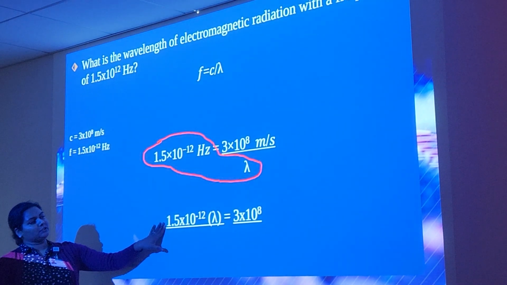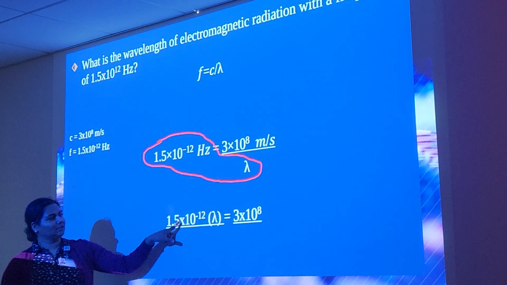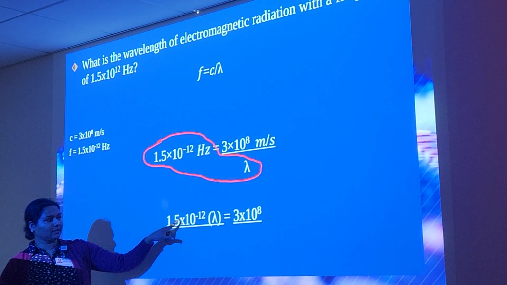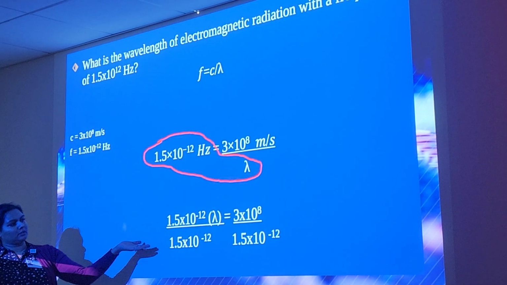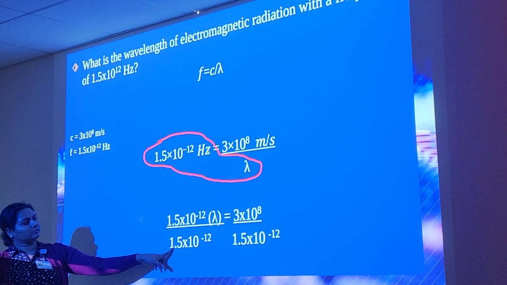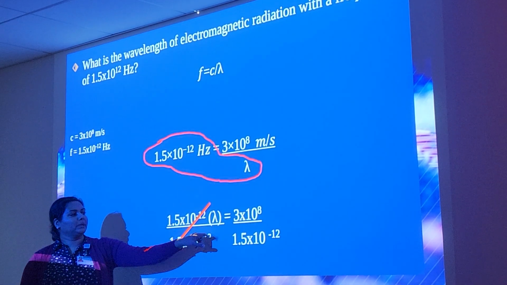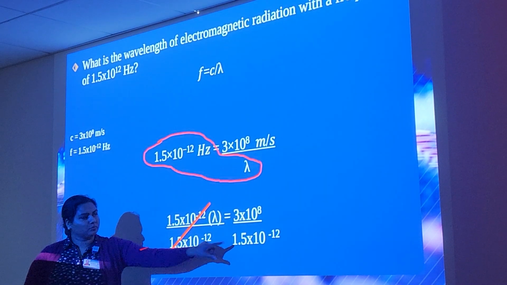And to get our wavelength by itself, what would we do? Divide both sides by our frequency. So like this. So these two will cancel each other out. And then we are able to solve for the wavelength by dividing these two.